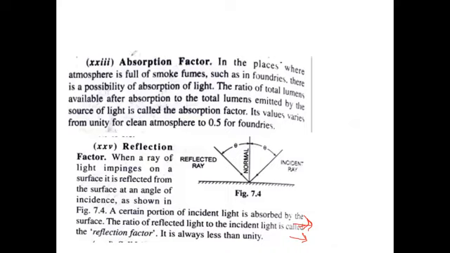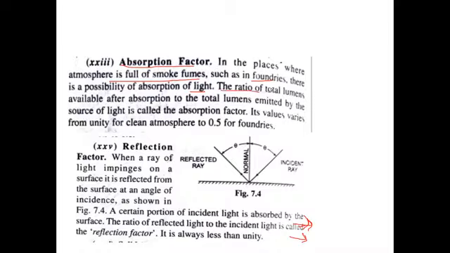Absorption factor. Next, absorption factor. In the place where the atmosphere is full of smoke and fumes, such as in foundries, there is a possibility of absorption of light. There is smoke or fumes, and when the light falls, there may be a chance that it absorbs the light.